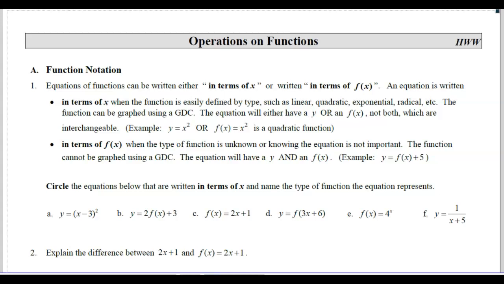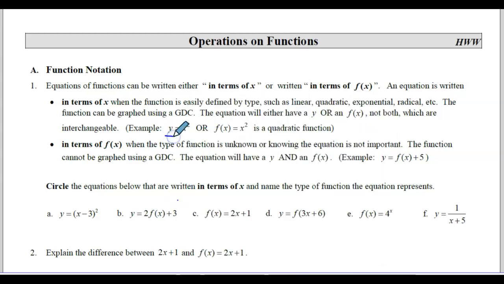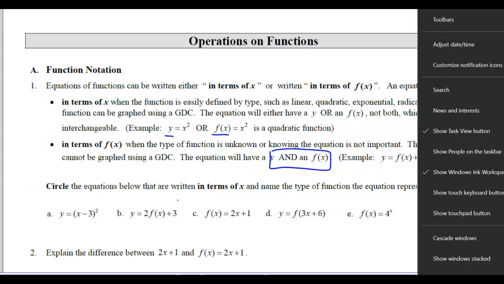This only has a y once, or an f of x once. So y equals or f of x equals. This has both of them. So for example, y equals f of x plus 5. So that's saying y is equal to whatever the function f of x is that has to be given to you, and then you add 5 to it.